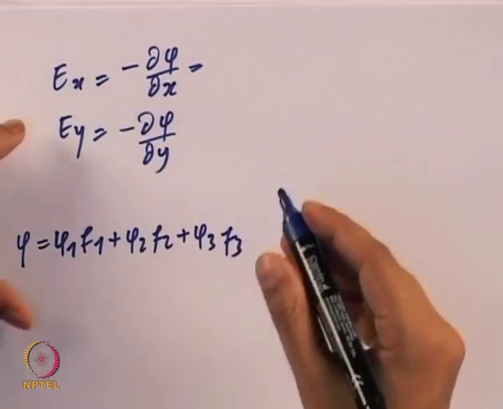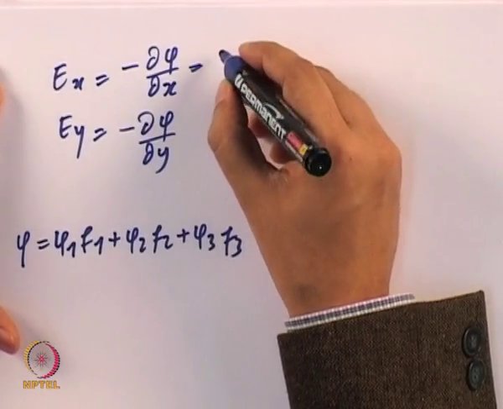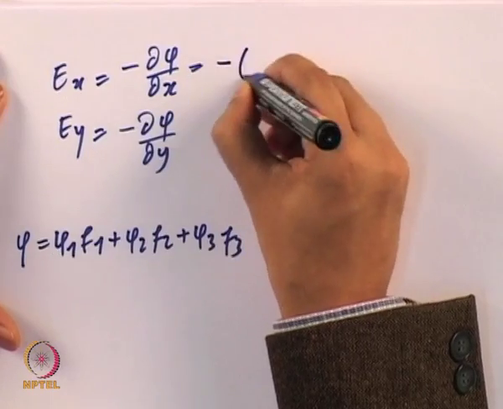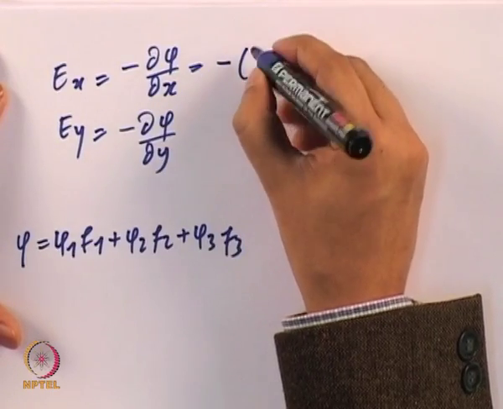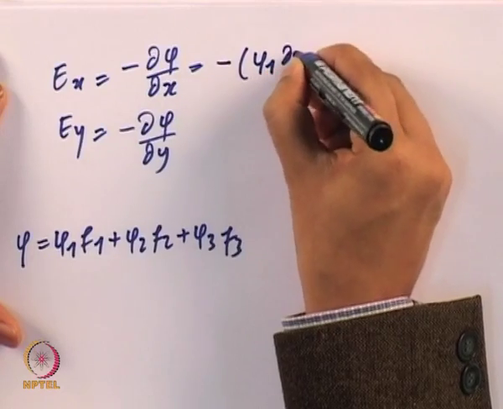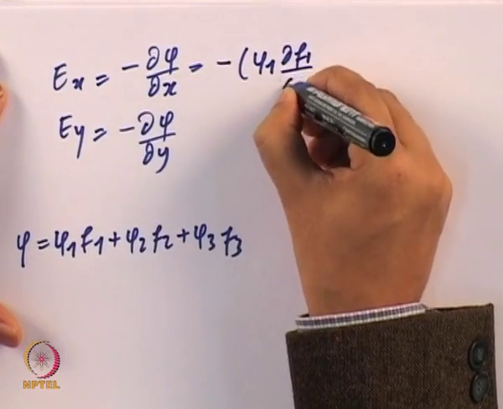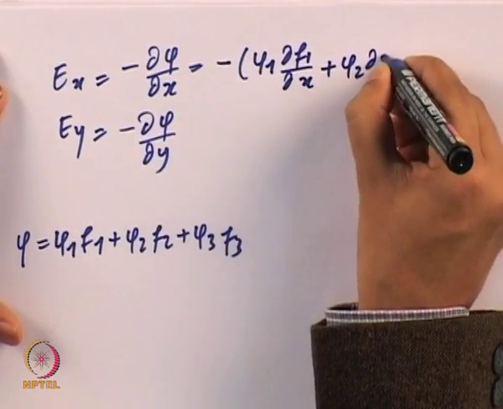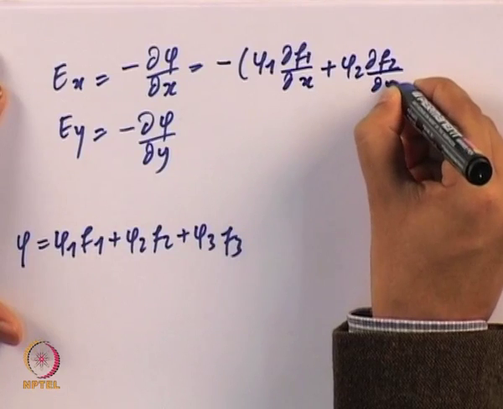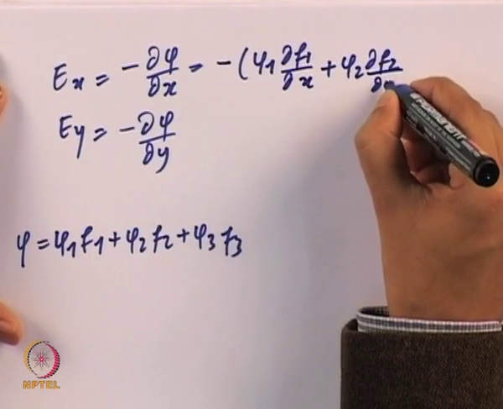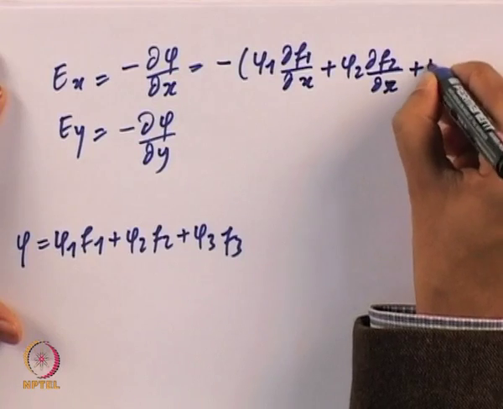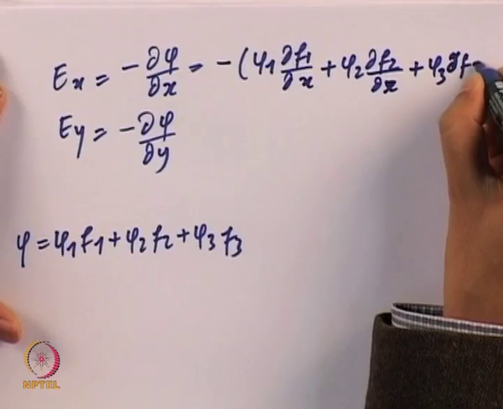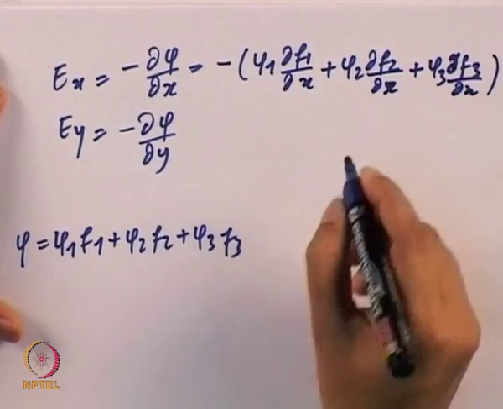Using this equation, I am able to compute the value of Ex as minus phi 1 dou f1 by dou x plus phi 2 dou f2 by dou x plus phi 3 dou f3 by dou x.